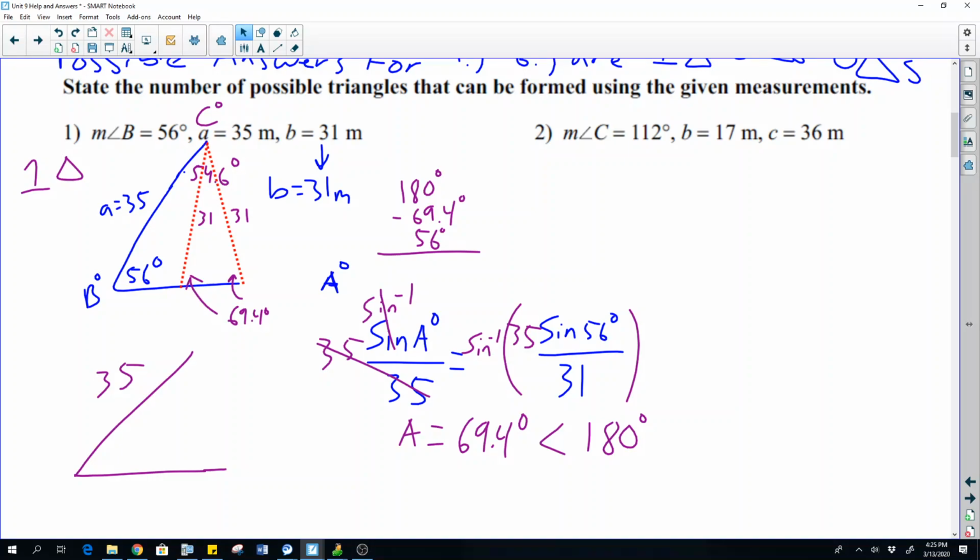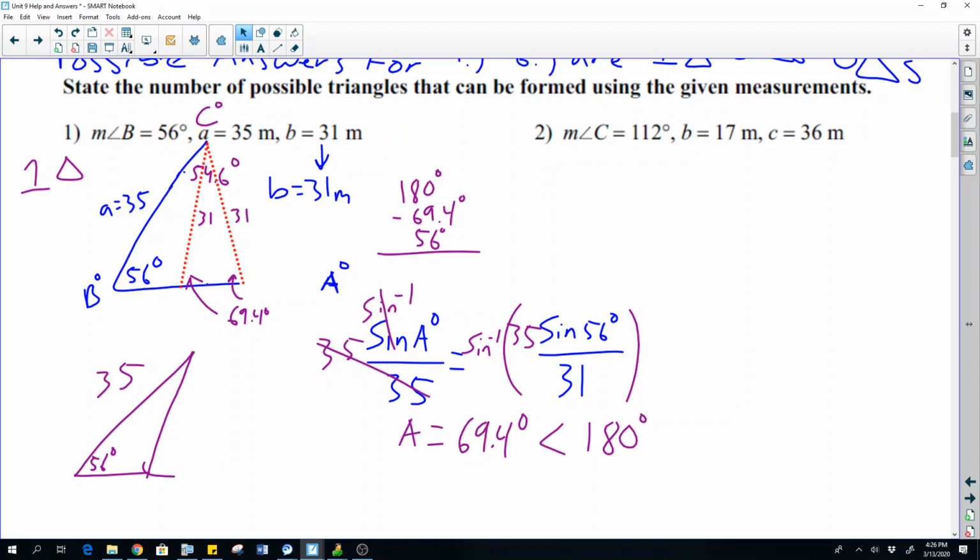Now we've got this obtuse triangle, which we'll draw down here, with this being 56 degrees, and then this being something. What is that something?